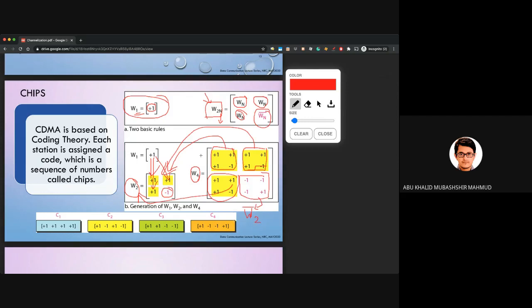There you have it, and each row is defined as a code for each channel or station. For example, this is for channel 1, this is for channel 2 or code 2, this is for channel or station 3, code 3, and this is for channel or station 4, code 4. This is how we generate these chips or codes.